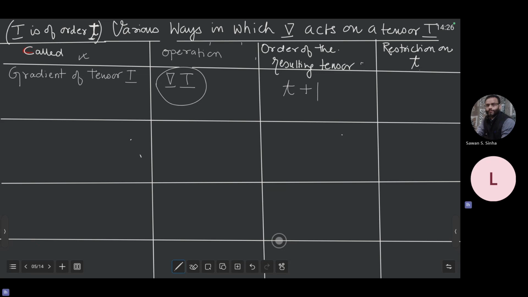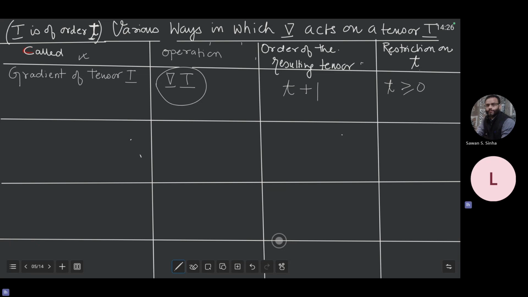It will become more clear when I give the example. Is there any restriction on T, or can we talk about the gradient of a tensor of any order? The way it is defined, it can even act on a scalar, and the gradient of a scalar is going to become a vector. A vector will become a second order tensor and so on.